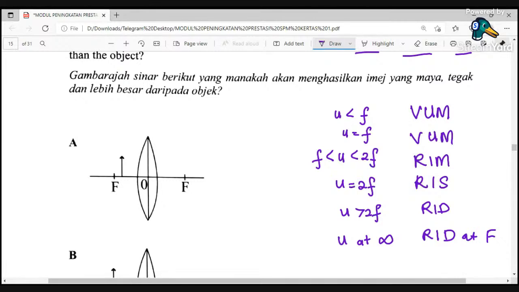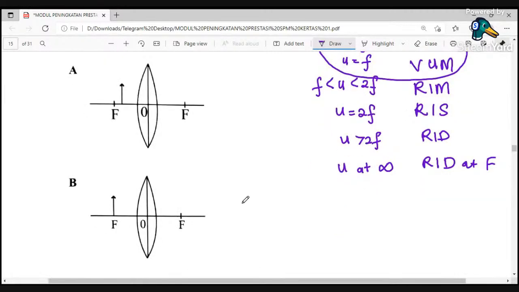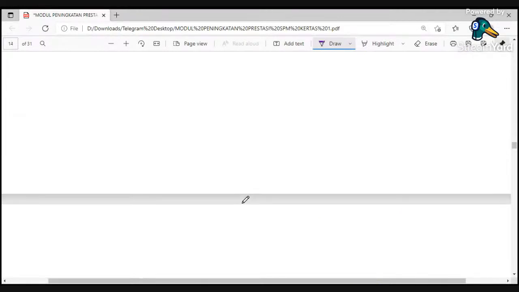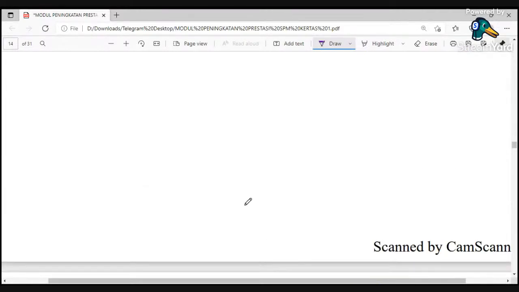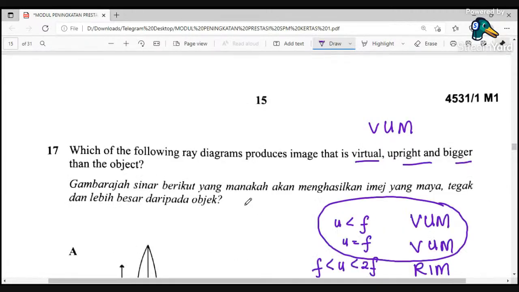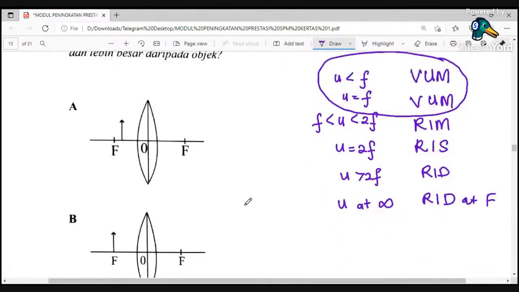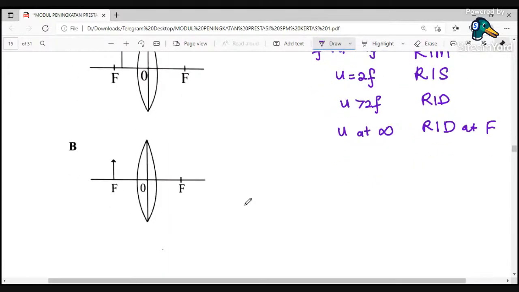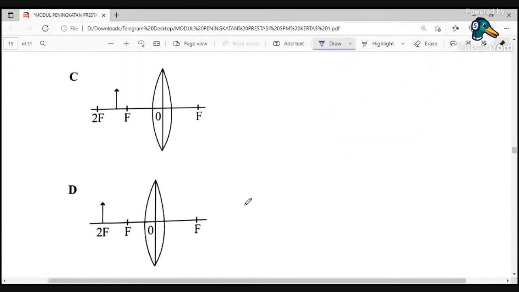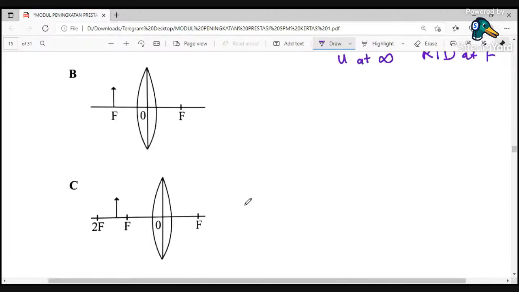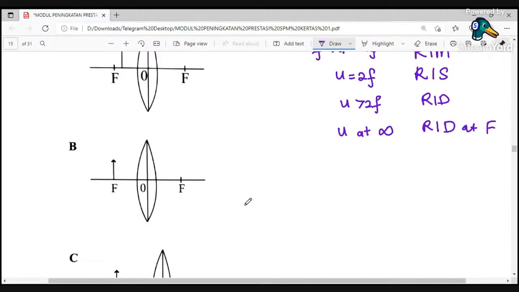Okay. Jadi kalau boom boom, kalau virtual upright magnified tu maksudnya mesti dalam range ni saja. Mana jawapan yang menunjukkan U less than F ataupun salah satu? Soalan sekejap. Kalau lihat pada diagram ini, saya akan bagi dua jawapan.